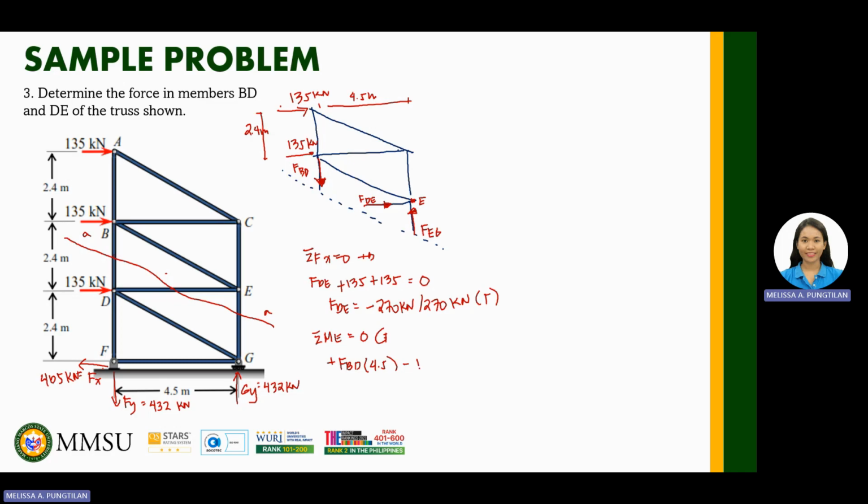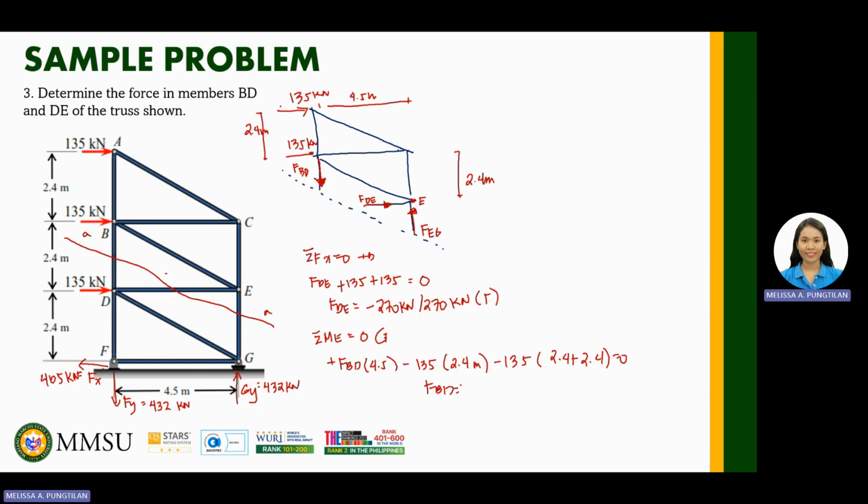135 yan yung clockwise. So, 135 multiplied by 2.4 meters. Ito, yung 135 na to, papunta dito. This is also 2.4 meters. Next, minus 135 by 2.4 plus 2.4 is equal to 0. So, FBD is equal to 135 times 2.4 times 2 over 4.5.